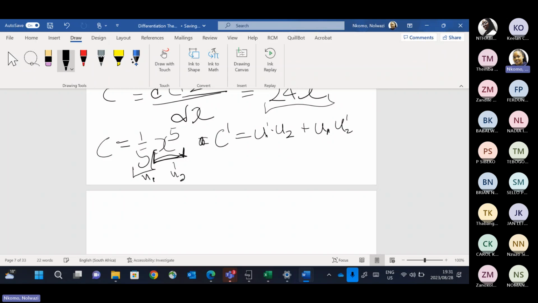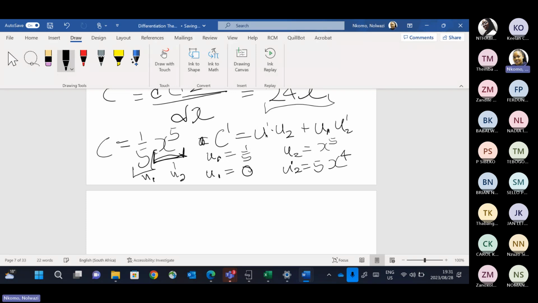Your U1 is 1/5, and the derivative of the constant is 0. U2 is x to the power 5, and its derivative would be 5x to the power 4 because you subtract 1.